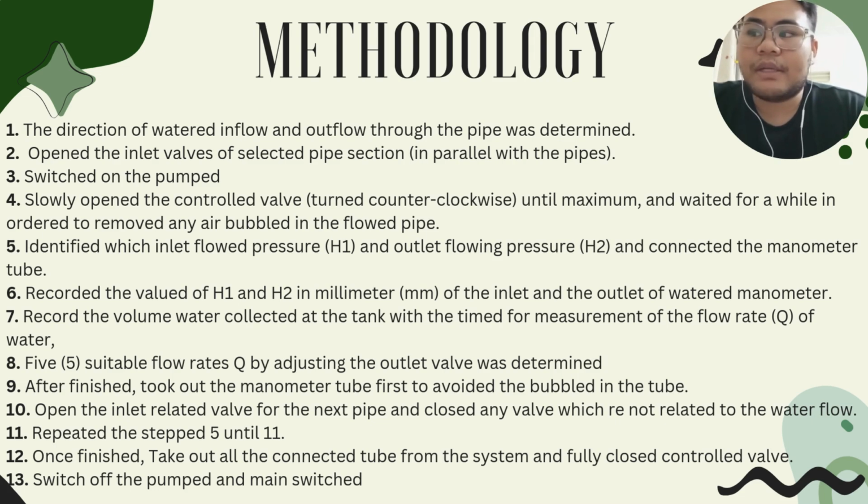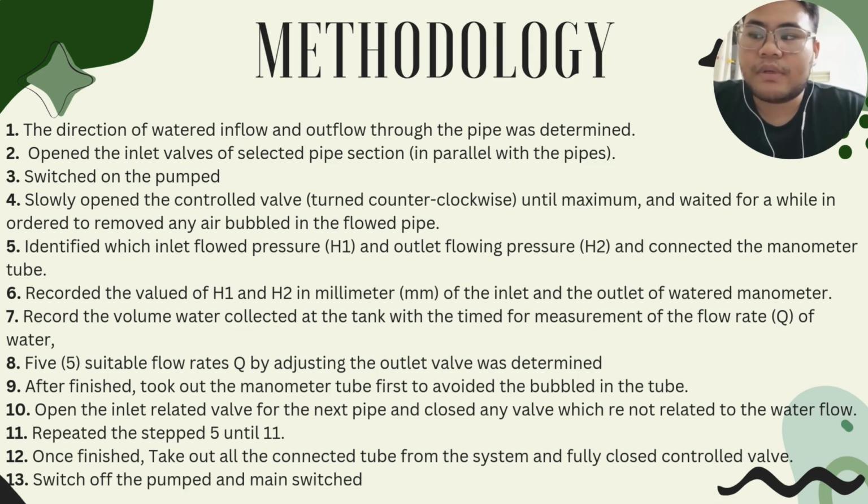The fifth step, identify the inlet flow pressure H1 and outlet flow pressure H2 and connect to the manometer. Next, record the values of H1 and H2 in millimeters (mm) of the inlet and the outlet of the water manometer. 7th step, record the volume of water collected in the tank with the time of measurement for the flow rate Q of water.